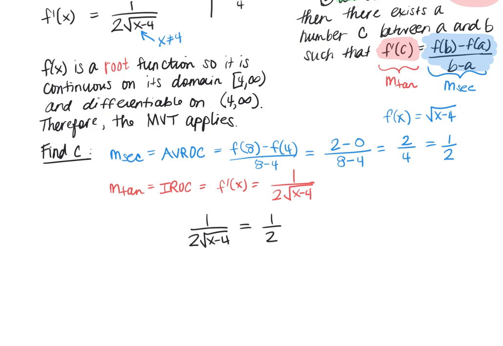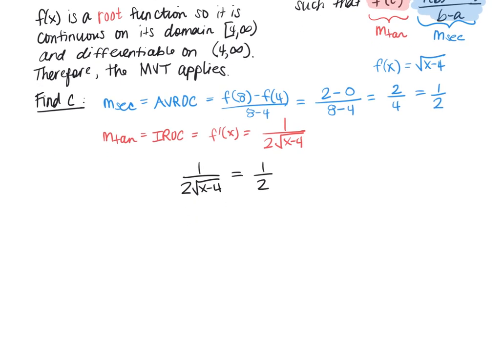And we solve. I'm going to solve by just cross multiplying. So basically going, okay, 1 times 2 is equal to 1 times 2 times the square root. So that'll be 2 is equal to 2 times the square root of x minus 4. Dividing both sides by 2, 1 is equal to the square root of x minus 4.